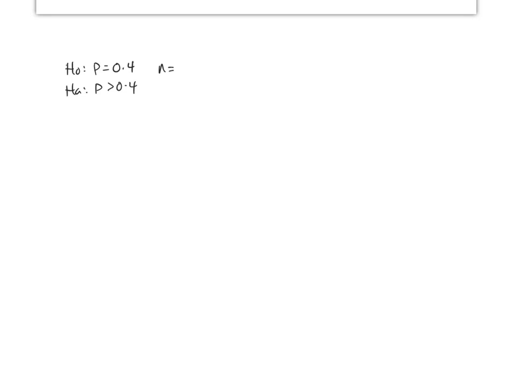And here n is 200 and x is 90. So from here, that means p hat is 0.45. And you notice there is no alpha. Did I tell you what alpha is or no? If alpha is not given, remember it's 0.05.